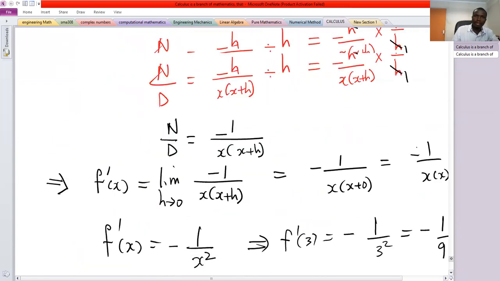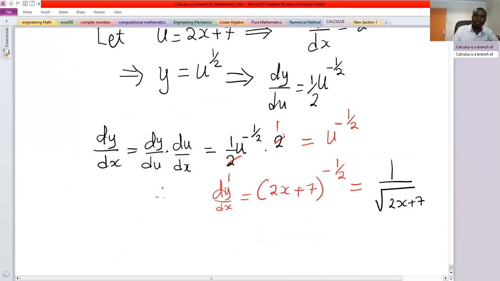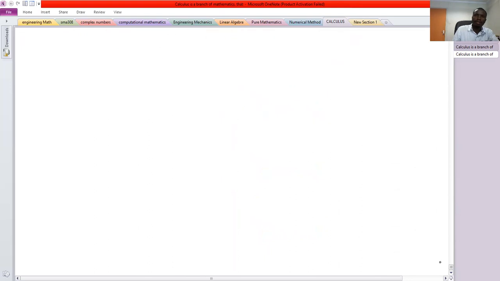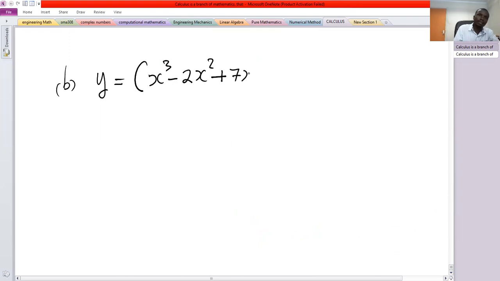And then second problem, b, is y equals (x cubed minus 2x squared plus 7x minus 3) raised to power 4. So you start by fixing what is in the bracket.